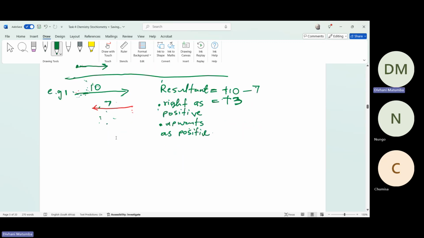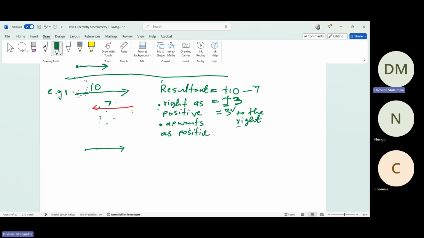Okay, I'm going to give you another example. So say you have 2 vectors. Like I said, vectors have direction. So the positive shows the direction is going to the right. So you can also say 3 to the right. This is a vector. A vector has a magnitude and a direction. The magnitude is 3.